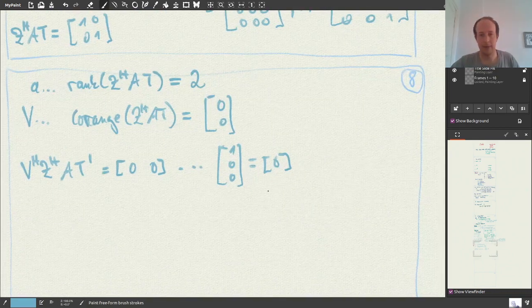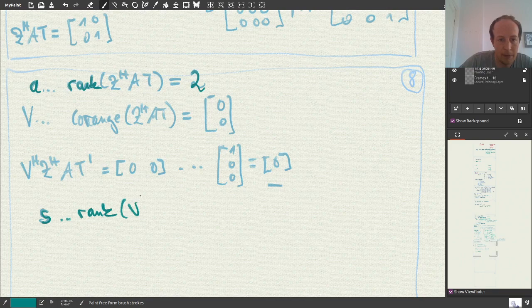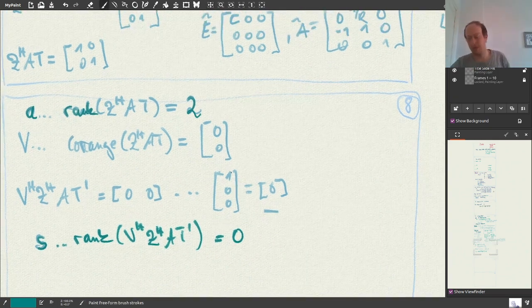So this is this, which means we also have that. So a is the rank, this is 2, and the s was the rank of this part, V H Z H A T dash. And this is 0. So this doesn't have a rank. Or it has a rank, but it's 0.